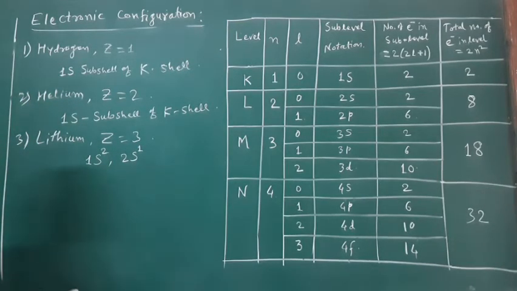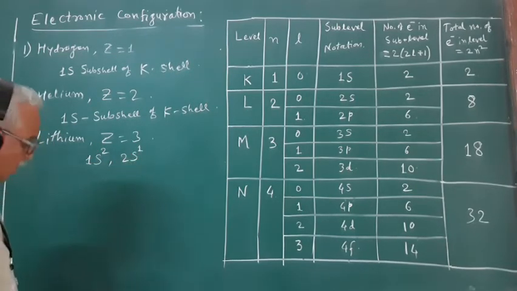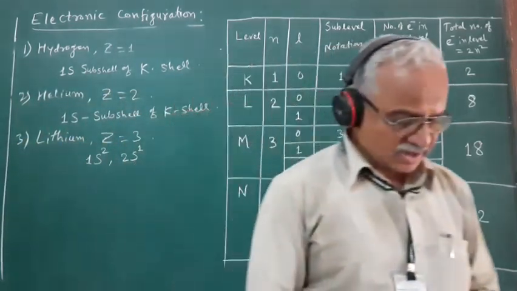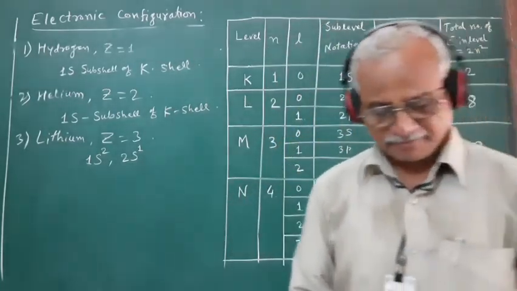So, the electronic configuration for lithium will be 1s2, 2s1. So, that is how these 3 electrons of lithium will be distributed.